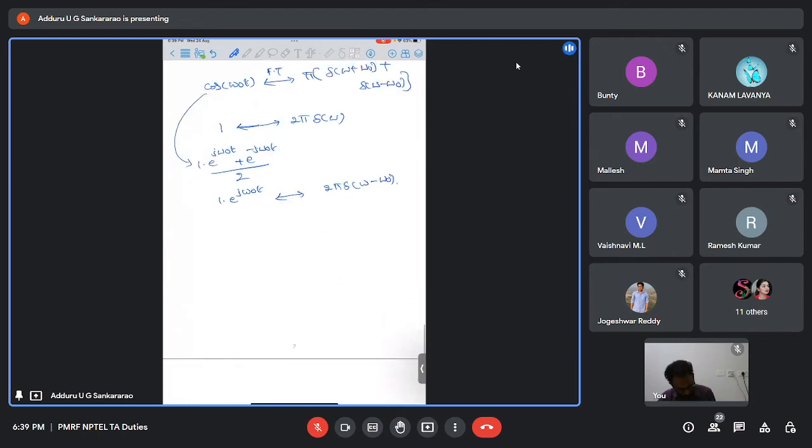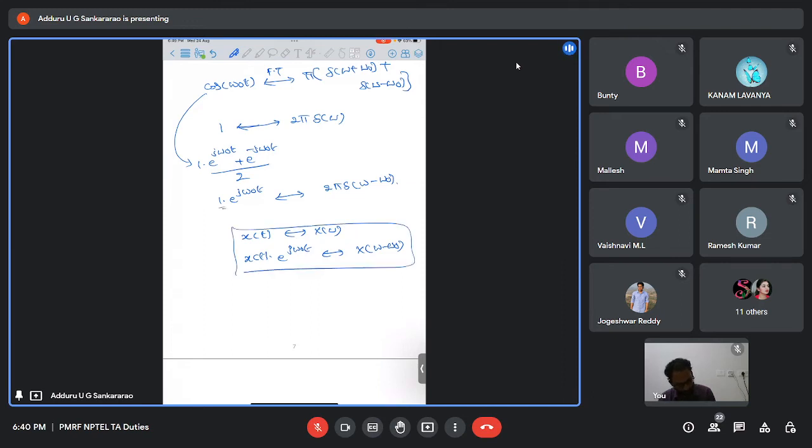We know if x of t has Fourier transform x of omega, then x of t into e power j omega naught t, in the frequency domain, will be shifted by omega naught.